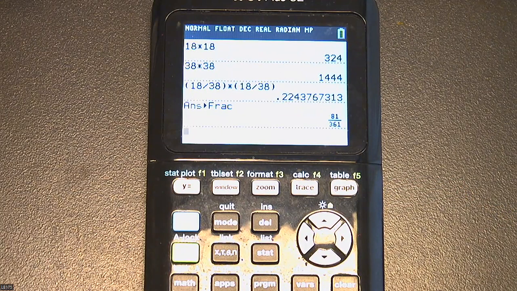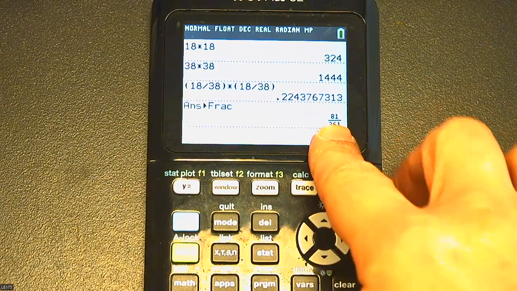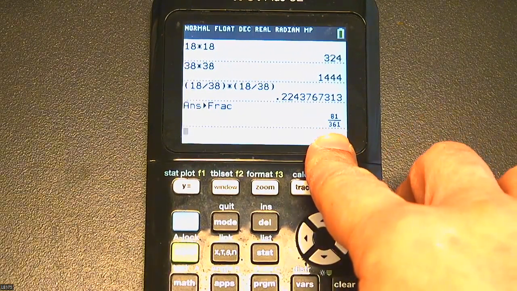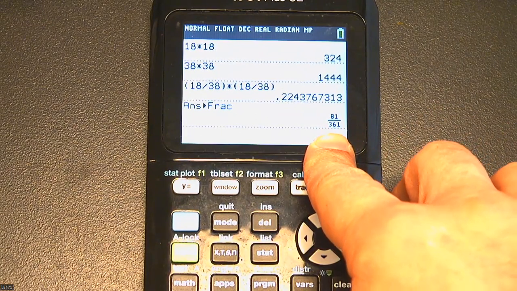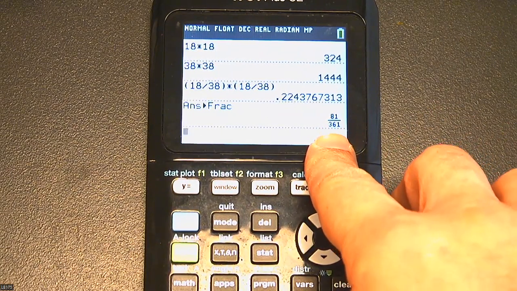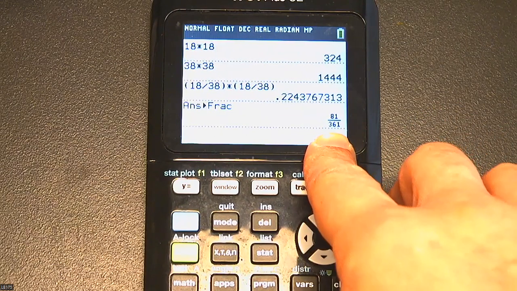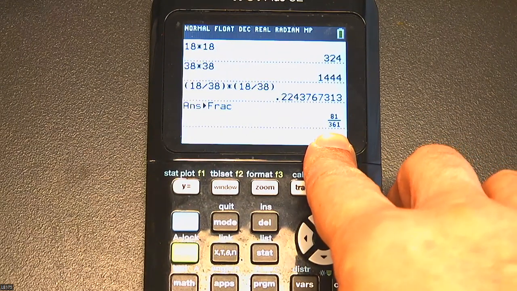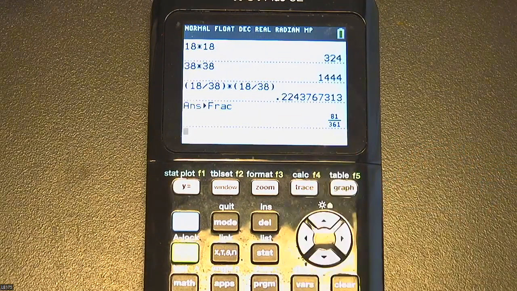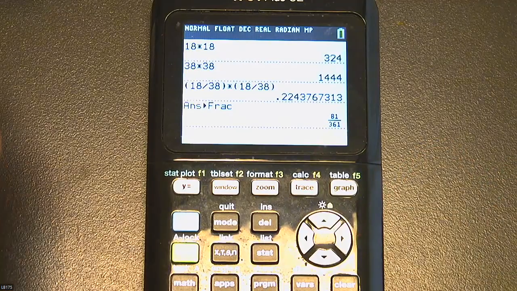The reason it looks slightly different than 324 over 1444 is that this is the reduced fraction. Okay? Your calculator is always going to give you the reduced fraction version of the answer, regardless of whether you have a TI-84 or a TI-30.